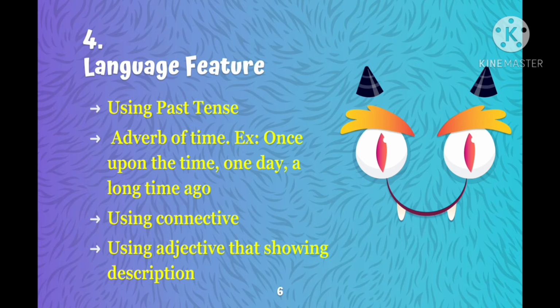Next is language features. The sentence pattern used is usually the simple past tense. Then, the beginning of a sentence usually begins with an adverb of time such as long time ago, one day, once upon a time, and so on.